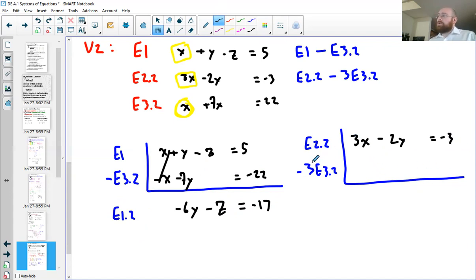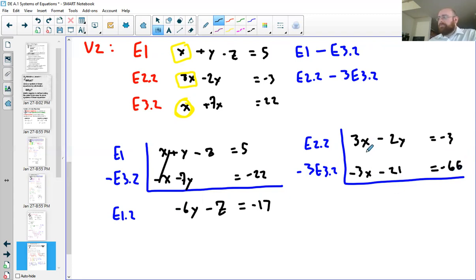And then I need to multiply everything in equation 3.2 by negative 3. That first term is going to be negative 3x. 7 times negative 3 is negative 21. And then 22 times negative 3 would be negative 66.